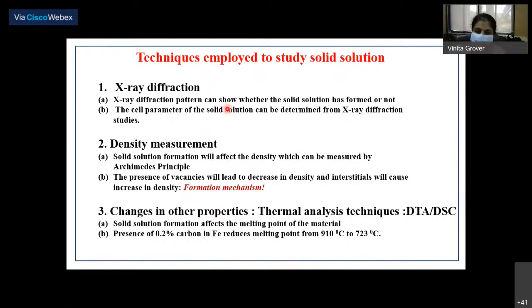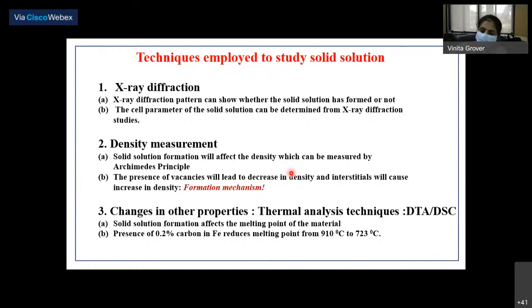Those of you who have already done solid state, who have done or are doing a PhD, for you this point might be a little trivial, but it's good for the people who really have not done a lot of experiments. Density measurement. Solid solution formation affects the density. Even if I don't tell you this, it is a very common sense thing.